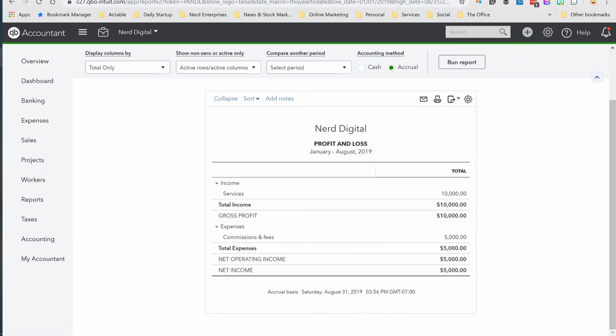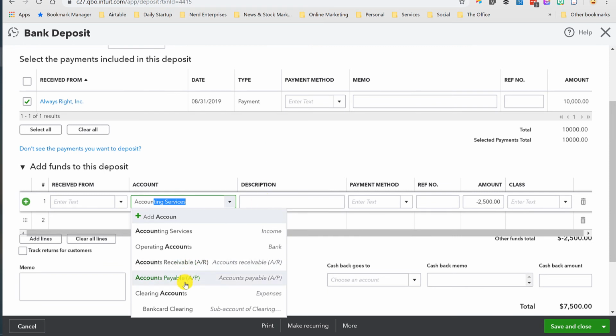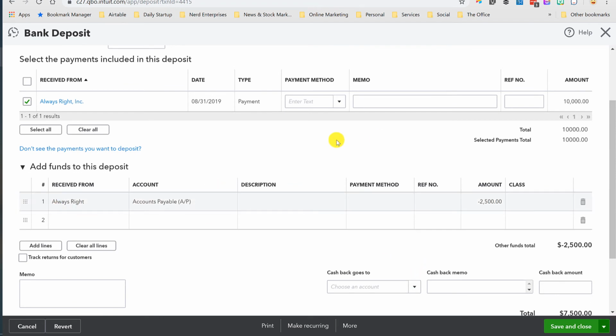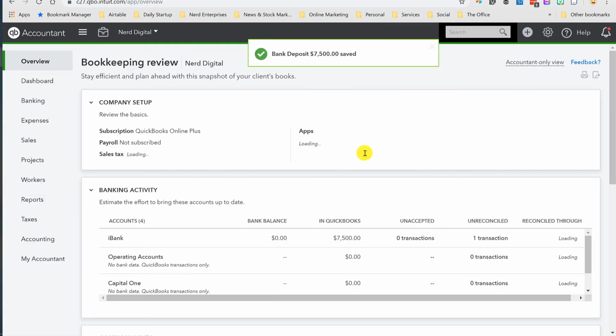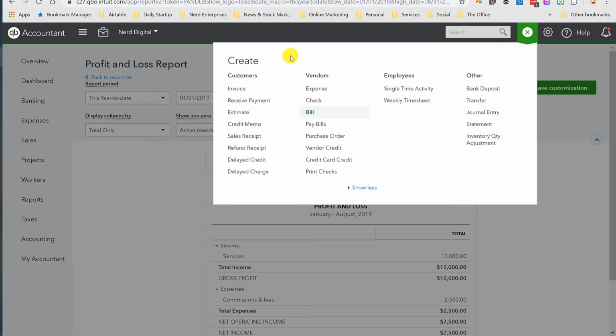Okay, see the commissions are $5,000. So what we're going to do here is instead we're going to book this to accounts payable. When we do that, we'll need the vendor in the receive from. Save and close.